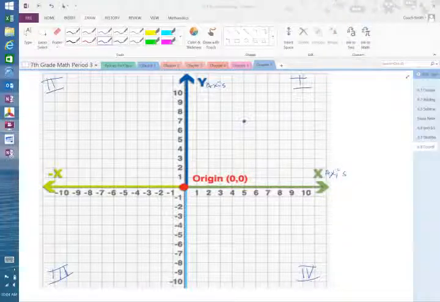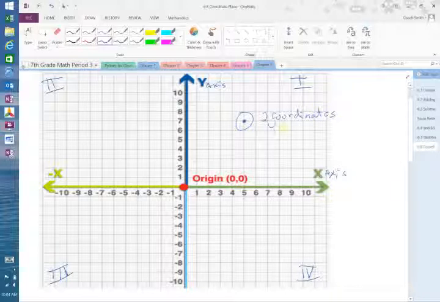That'll hopefully help. All right, so as we look at this dot right here, that dot has 2 coordinates. It has a y coordinate and an x coordinate. The coordinate is where it crosses that particular axis.